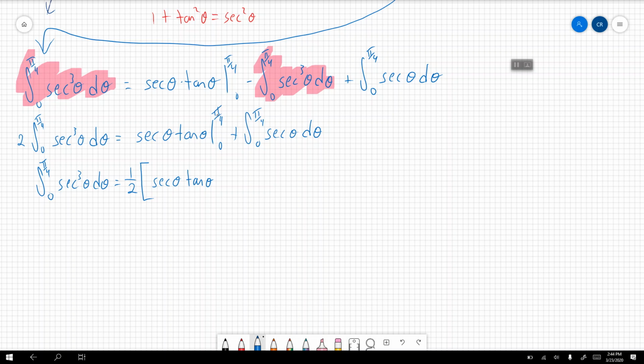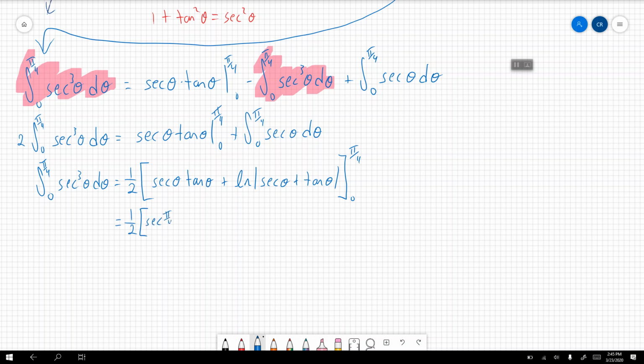Yes, it's going to be evaluated from 0 to pi fourths, but so is this integral. So I'm going to wait on that, and that's going to be plus the natural log of secant theta plus tangent theta. And this is all being evaluated from 0 to pi fourths. Which means, let's evaluate.